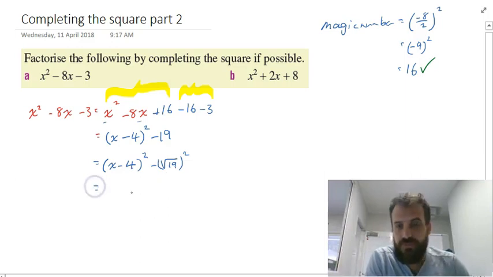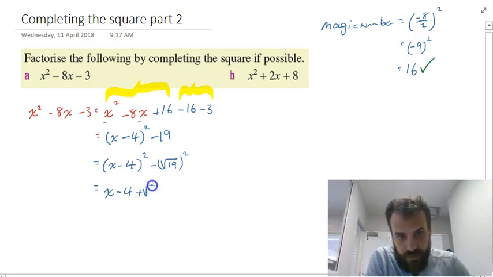Now, you've done difference of 2 squares before, and you should know that the difference of 2 squares is the same as the first number, x minus 4, plus the square root of the second number, so plus root 19, times the first number, x minus 4, minus the square root of 19.